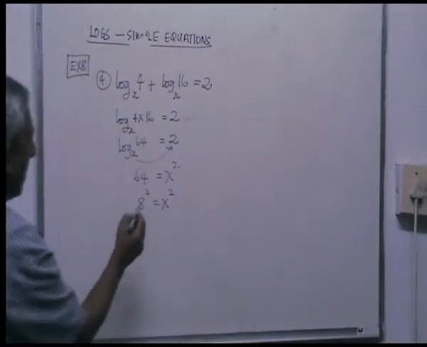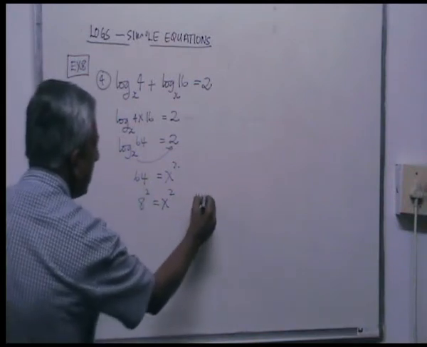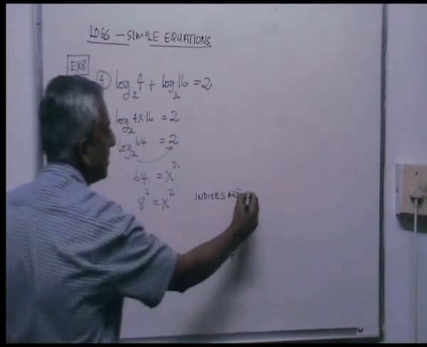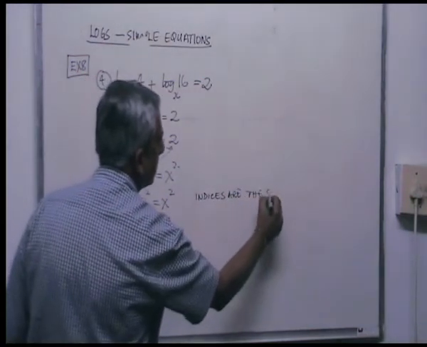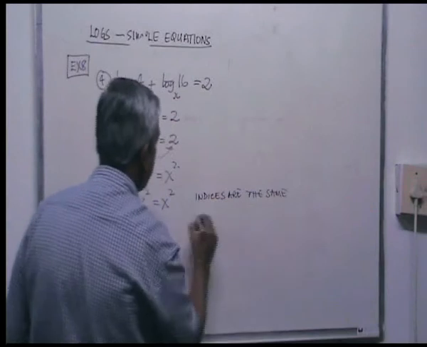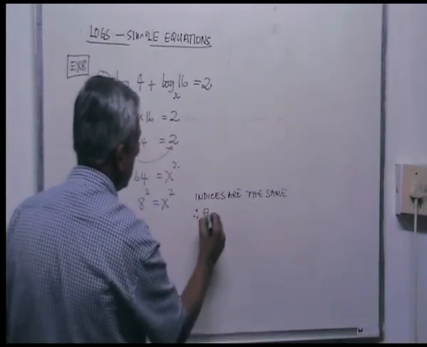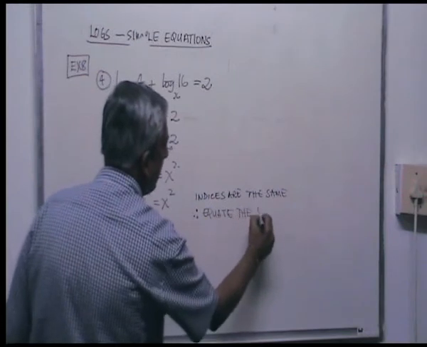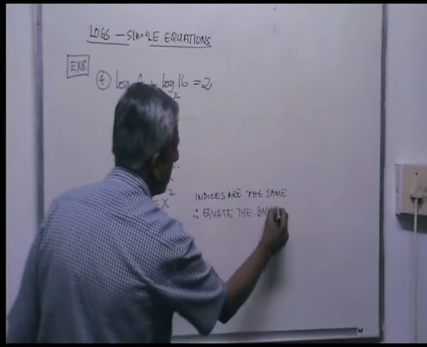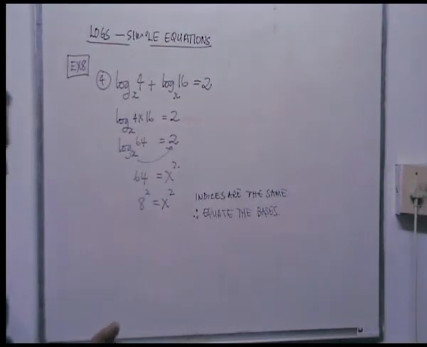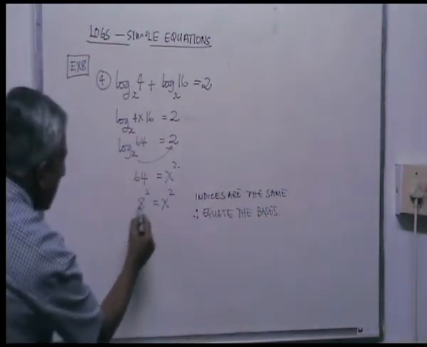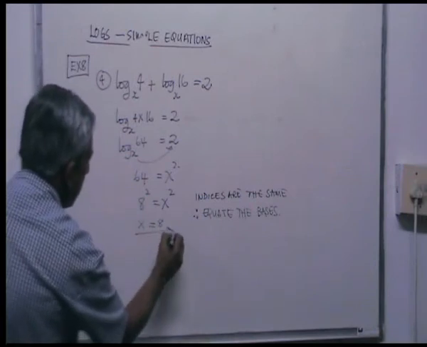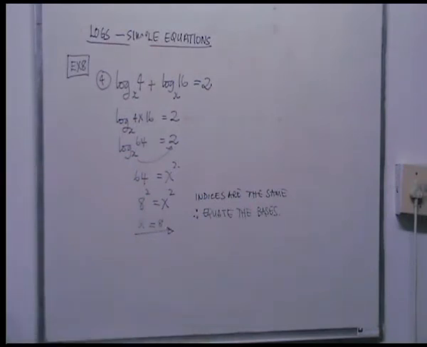Now, you can see, if the indices are the same, therefore equate the bases. Equate the bases means make the bases equal. Therefore, the indices are the same. Therefore, the bases can be equated. Therefore, the answer is x is equal to 8.